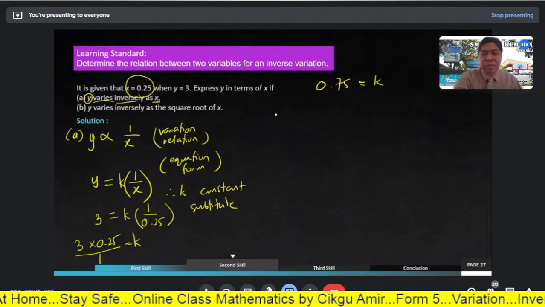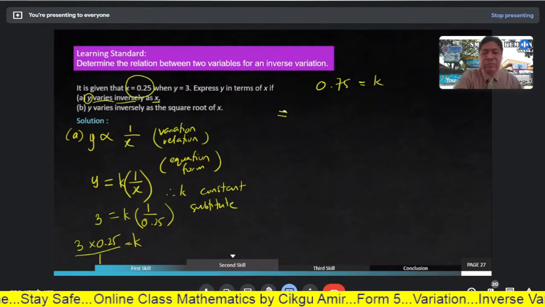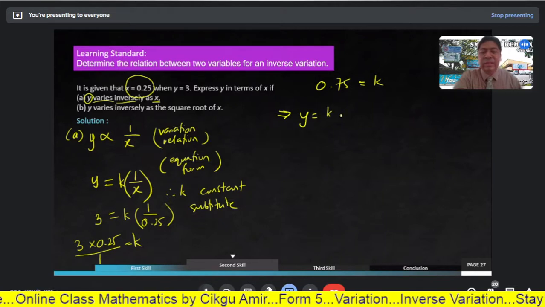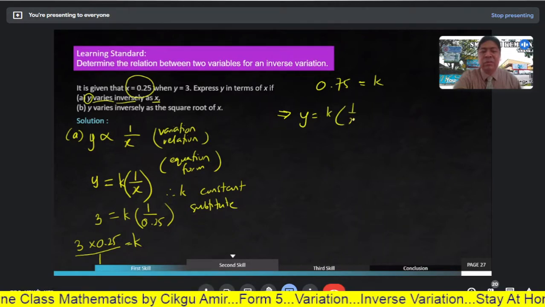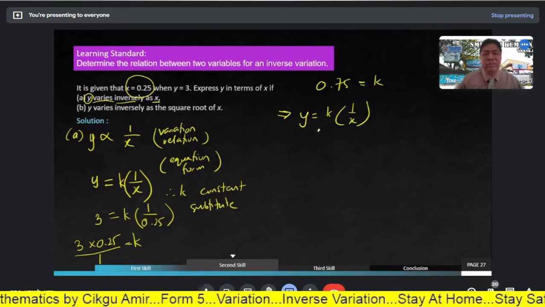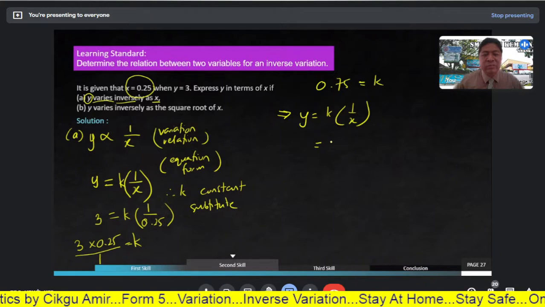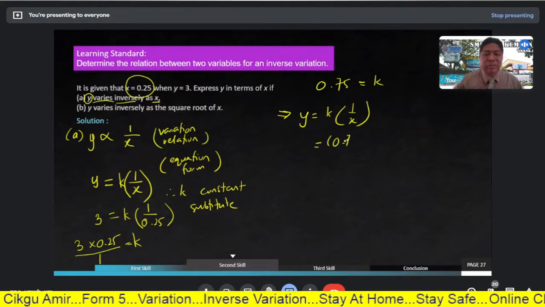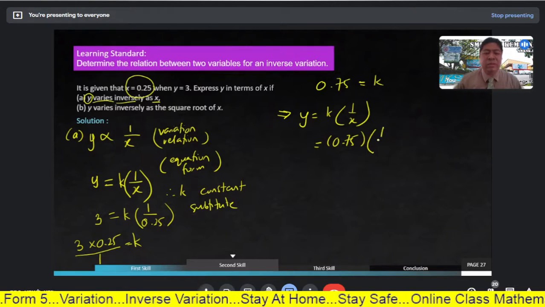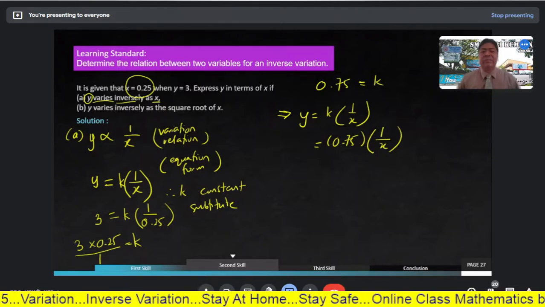Okay, we have the equation form y equal to k times 1 over x. So k here is 0.75, multiplied by 1 over x.